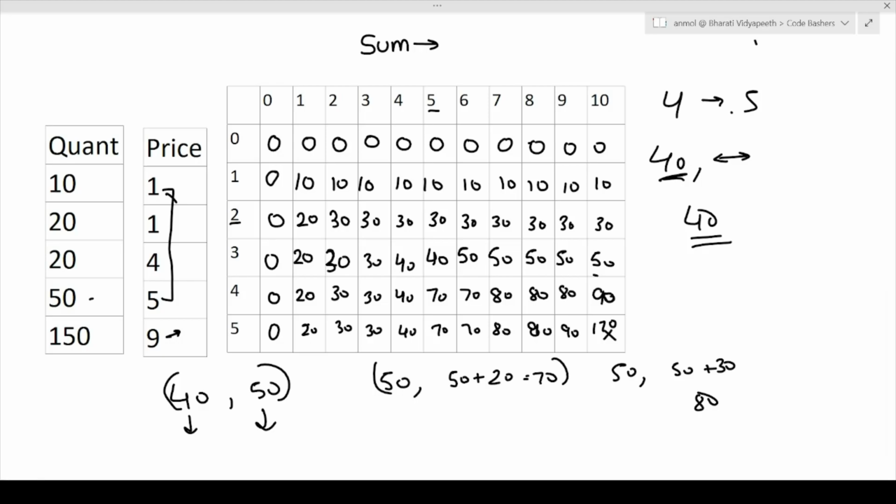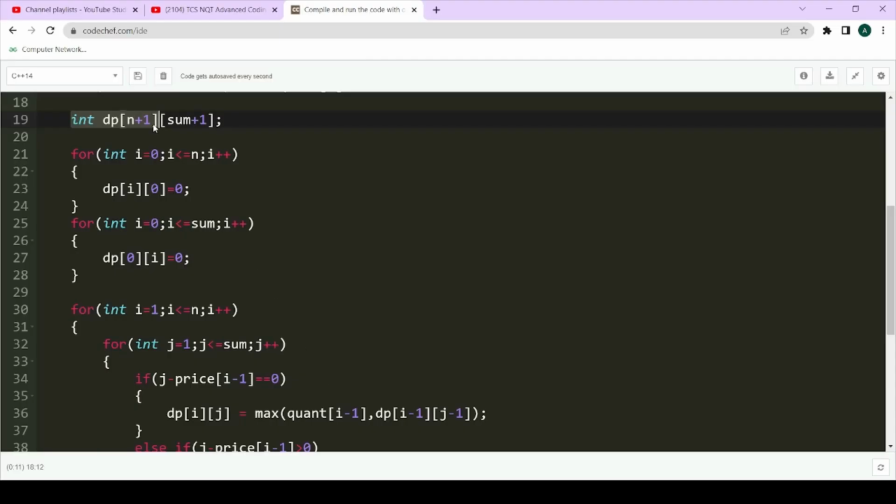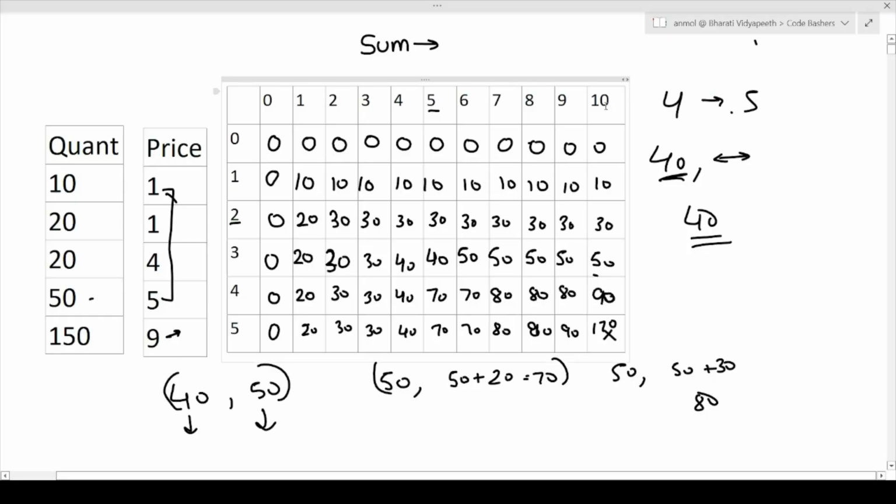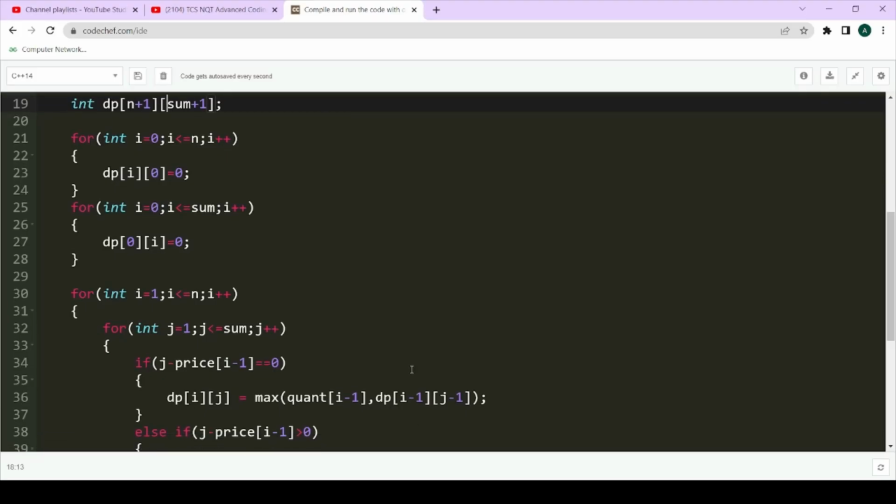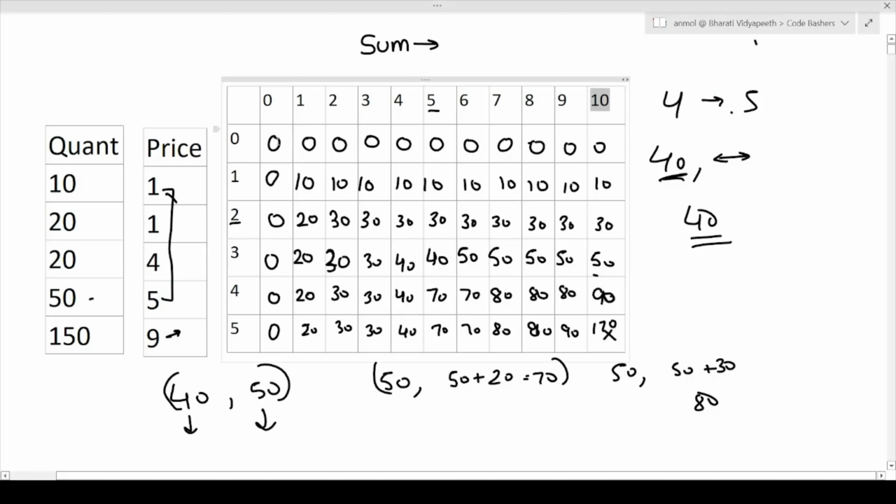Therefore we have used n plus 1 as the rows. And how many columns? It will be sum plus 1, as the sum is 10 here, so it will give us 11 columns. Therefore we have used sum plus 1.